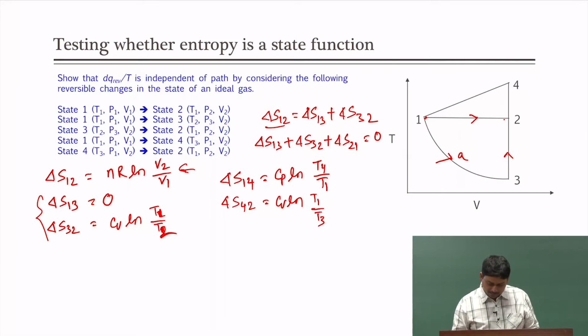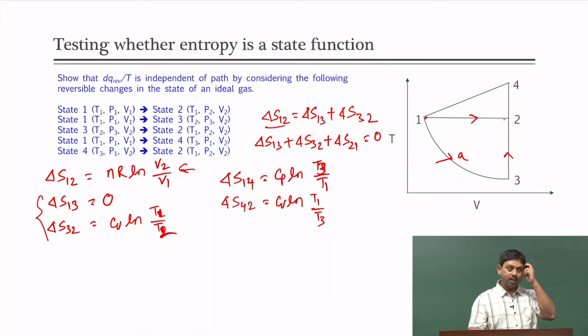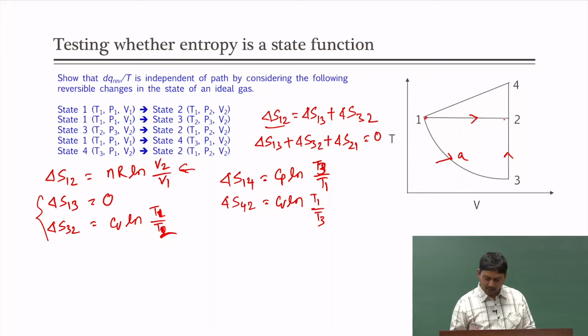Then for 1 to 4, the temperature ratio is T3 by T1, and for 4 to 2 it is T1 by T3. Now it is fine because there are only 3 values. We should write that, but it is already written here, so that is why I was not writing it, but we can do that.